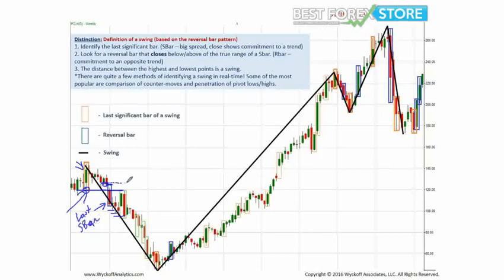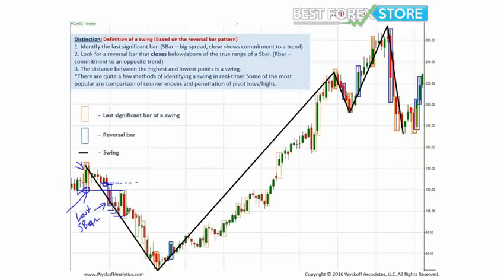So I'm placing the commitment bar, the reversal bar for the upside at the high of the true range of this bar, and I'm just basically waiting for the price to reverse this level. There is an attempt to reverse it, a big bar to the upside, but it's not coming to this level. So therefore, there was no reversal, at least on this time frame.